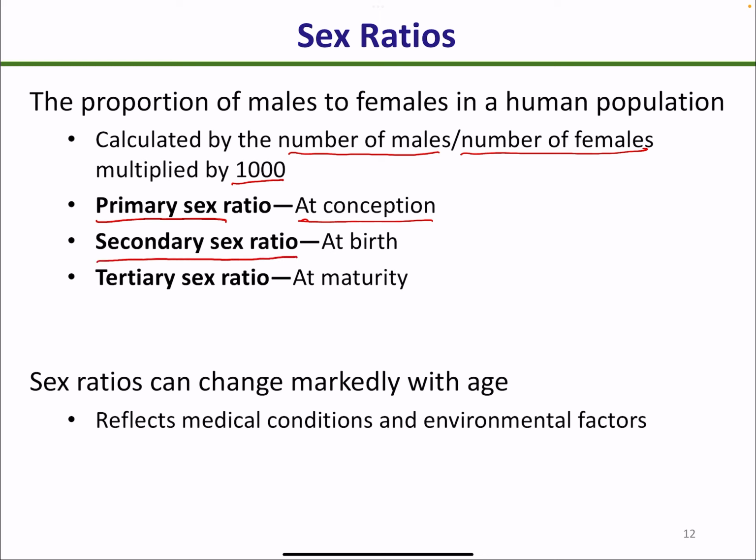At birth, what do we see at birth? Do we see a child with testes and penis? Do we see a child with vagina? Right? So we are going to be able to tell them apart there, right? But sometimes we are not going to be able to tell them apart, right?